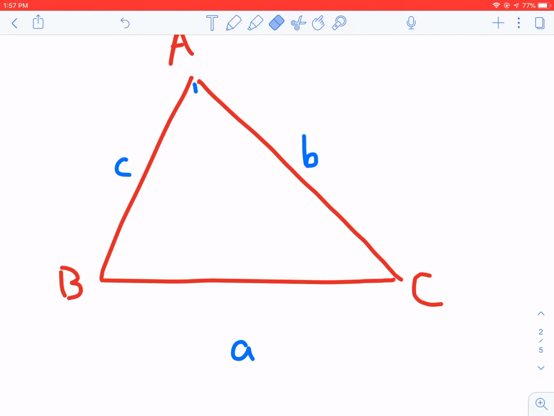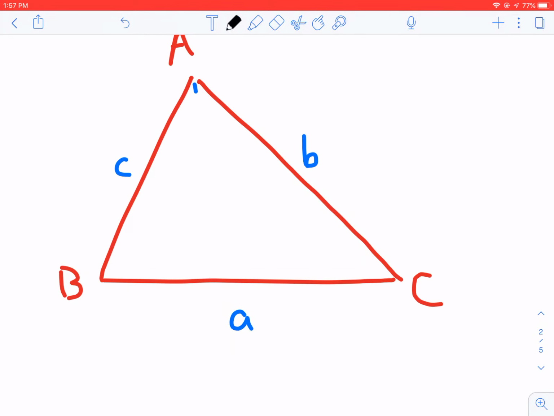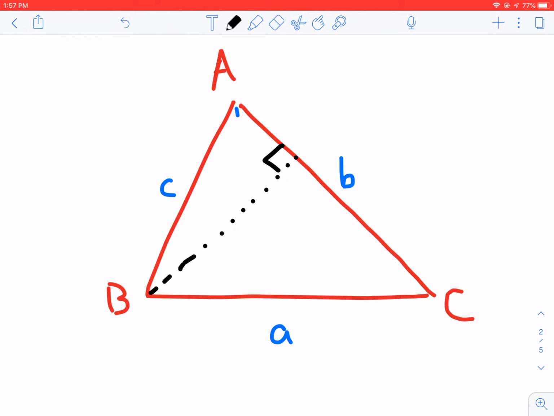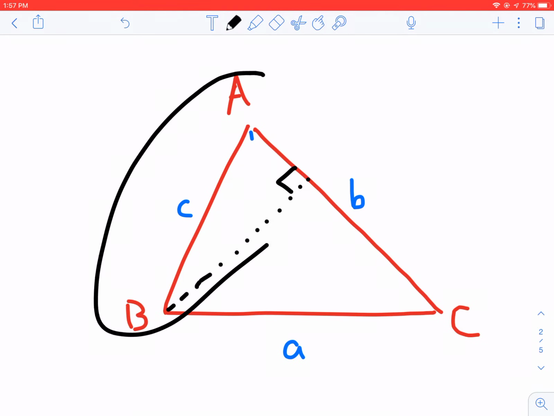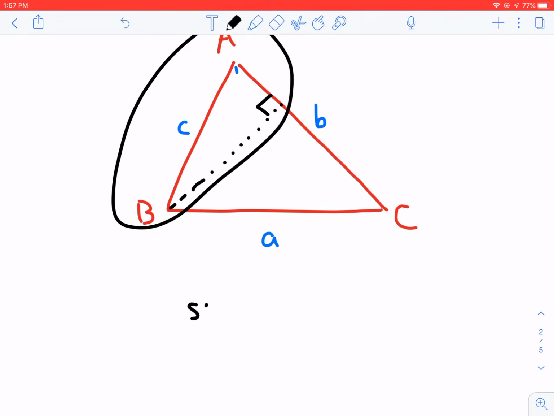So, for example, instead of drawing the altitude from A, if I drew the altitude from angle B, like this, well, in this triangle, I would get that the sine of A equals opposite. This is our new height. Opposite over hypotenuse, which is C.